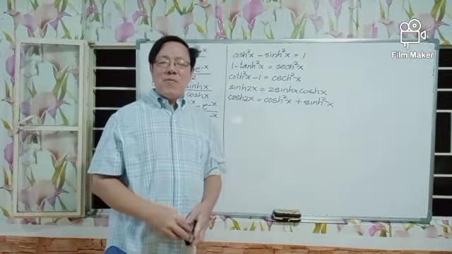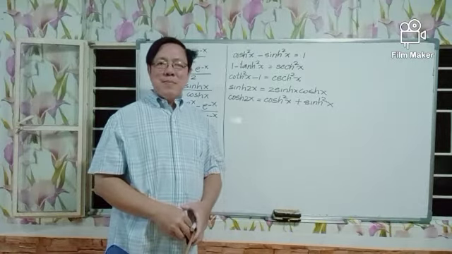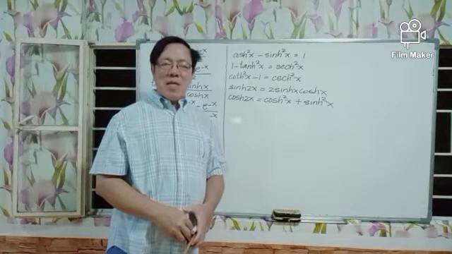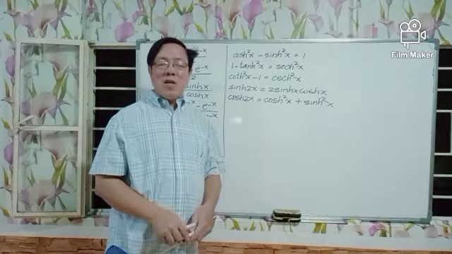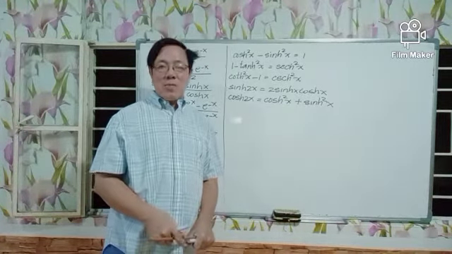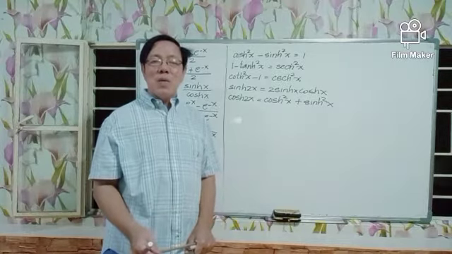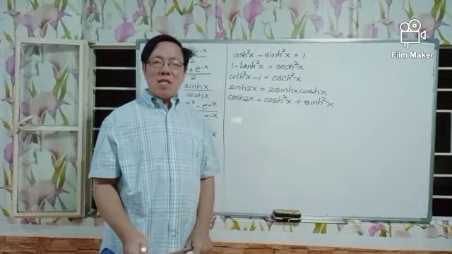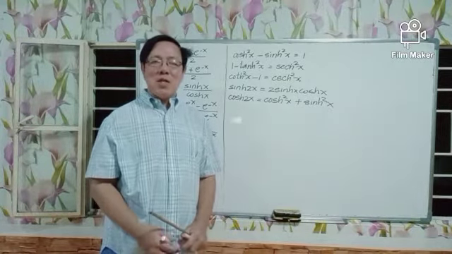Now we write the first formula for integration of hyperbolic functions. In particular, the integral of hyperbolic cosine of x with respect to x is equal to the hyperbolic sine of x plus a constant of integration c.